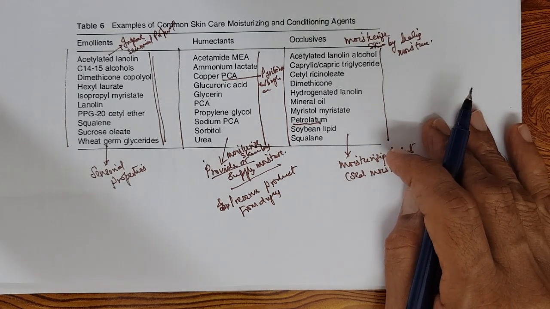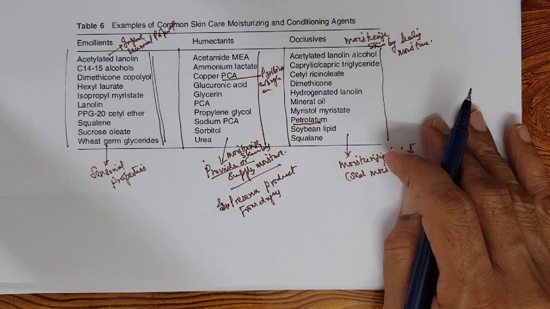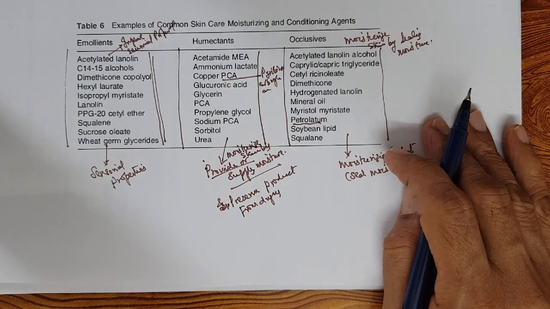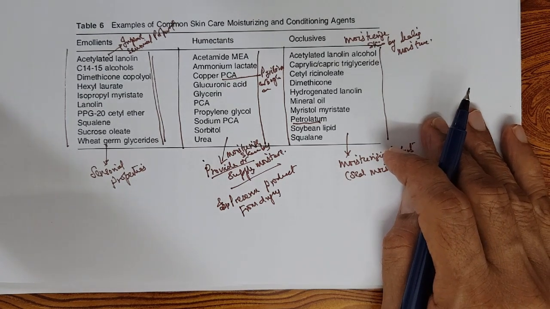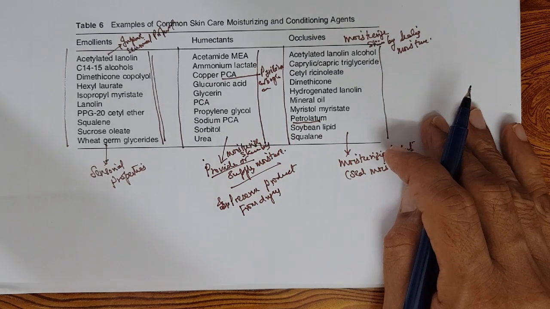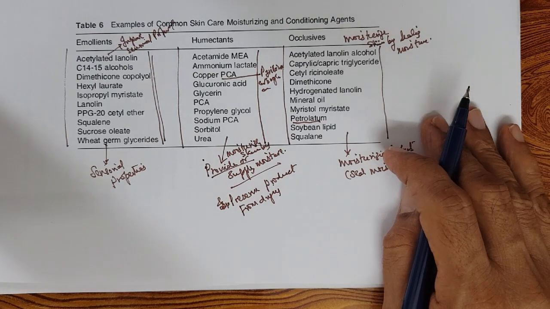This is what I wanted to tell you about emollients and humectants. I think you now have a clear idea of what an emollient and a humectant are and how they are applied in personal care, cosmetic or cosmeceutical formulations.